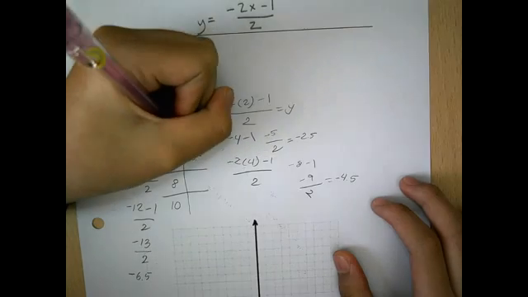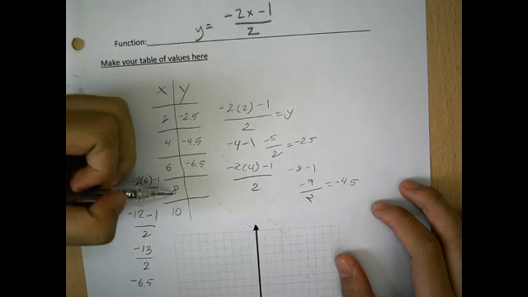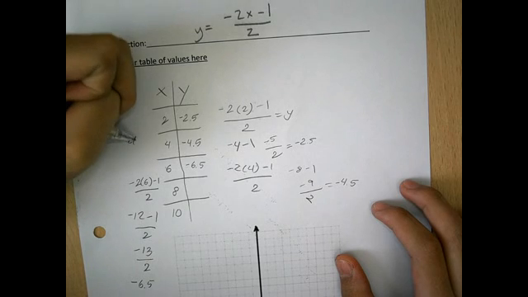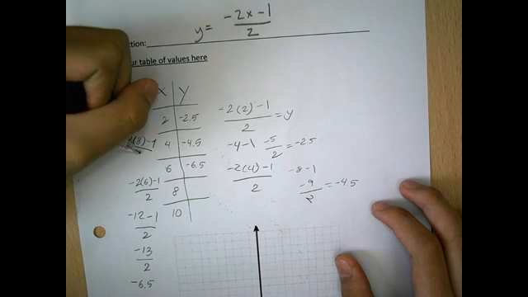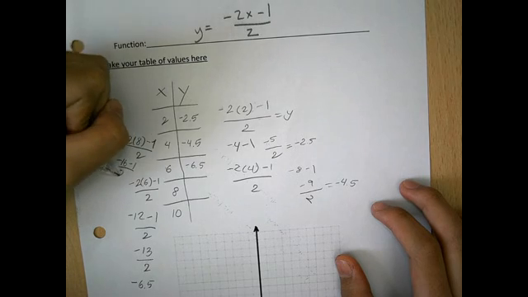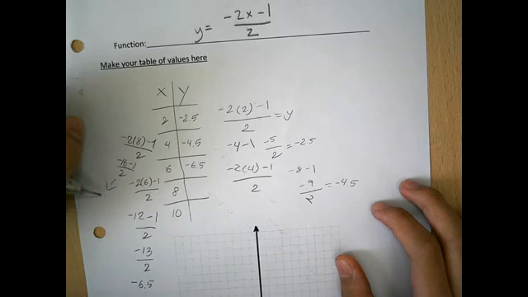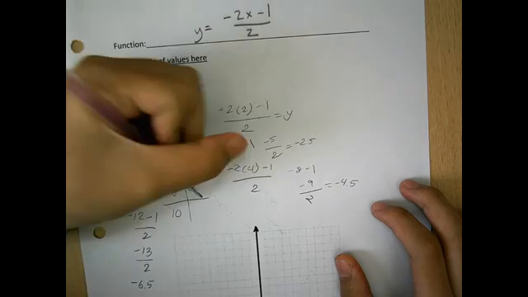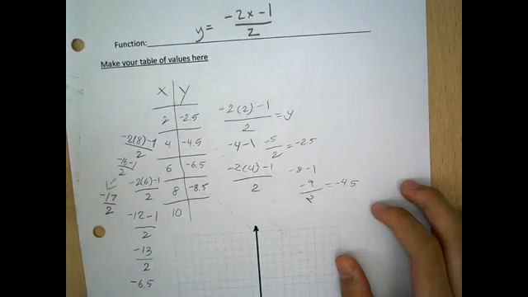So put that. And we do number 8. So this would be negative 17 over 2. So that would be negative 8.5.